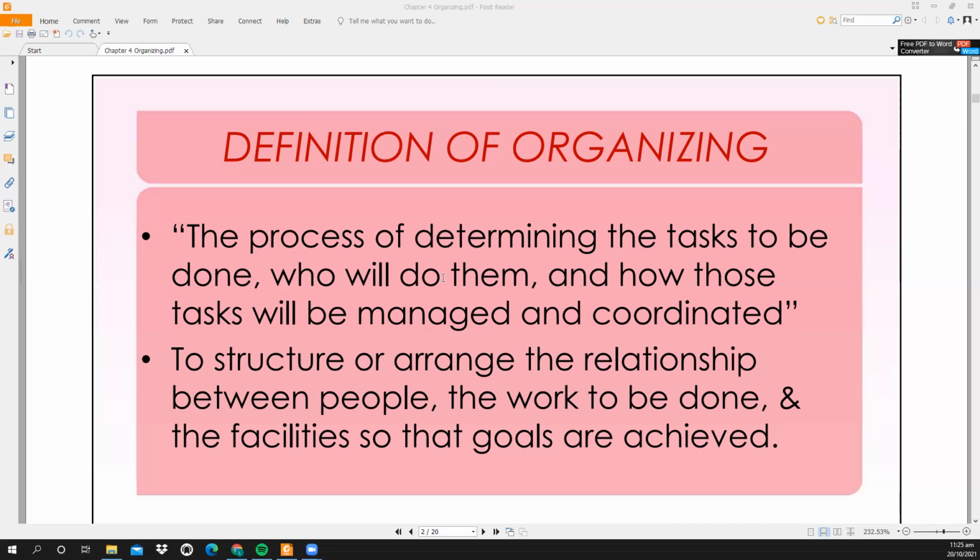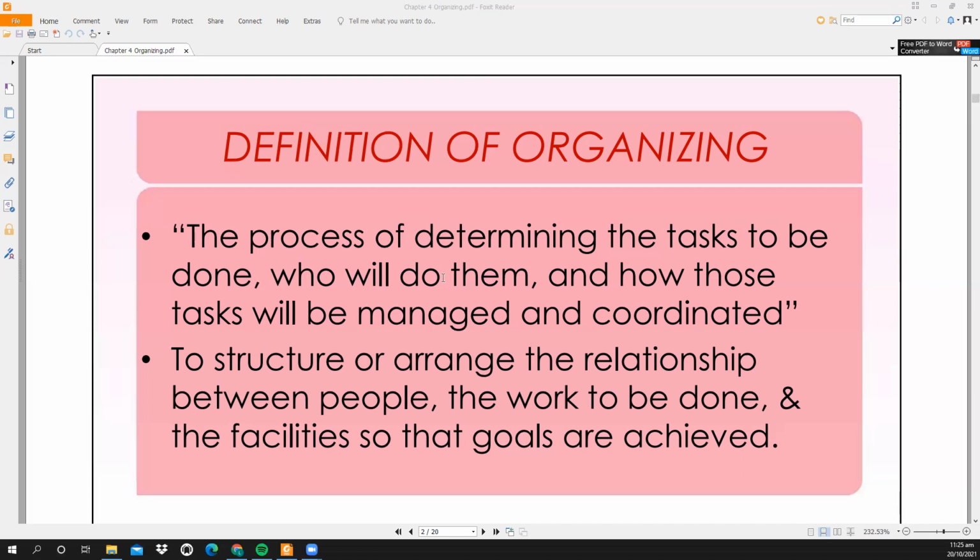For example, during the planning, we have identified the tasks that need to be done, for example creating financial statements and budgeting. When we group those tasks, they go to their respective departments.